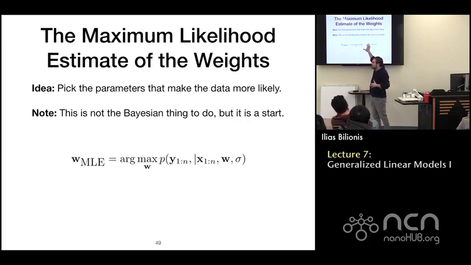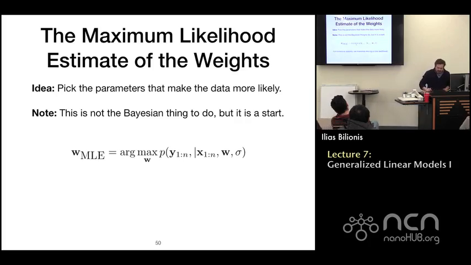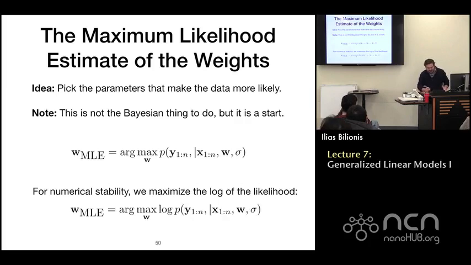And again, I want to point out that the principle can be generalized. The results that I'm going to get from this point on depend on the fact that the model is linear and that the noise is Gaussian. But the principle is like this and can be generalized. Now it is more convenient, instead of maximizing the likelihood itself, to maximize the logarithm of the likelihood.